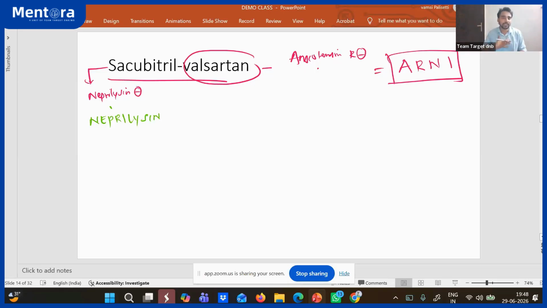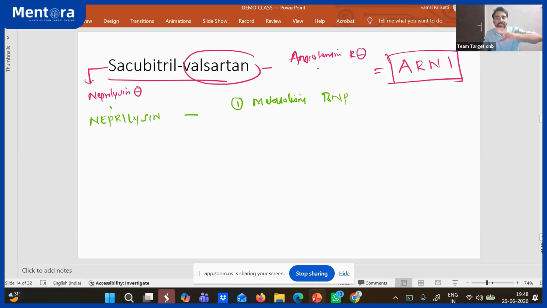Normally neprilysin is present in the body. So what is it doing? It is doing three things. Number one, it is metabolizing your pro-BNP, brain natriuretic peptide. Whenever there is any heart failure, your chambers are enlarged, and because of this the chambers will release natriuretic peptide. The name itself says natriuresis.